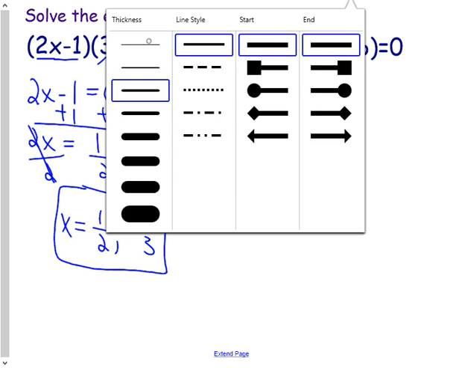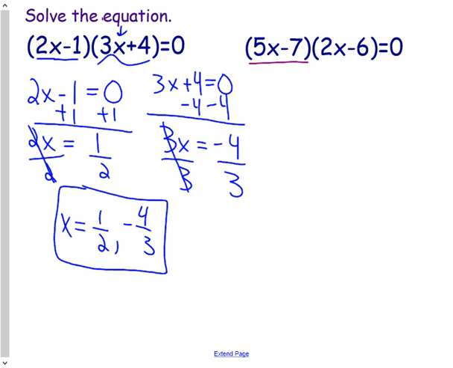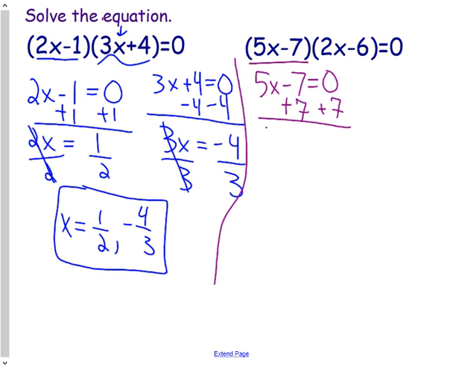Next, 5x minus 7 equals 0. Set each piece. Add 7 to both sides. We're going to divide by 5. 5x is 7. Divide by 5. We get 7/5.